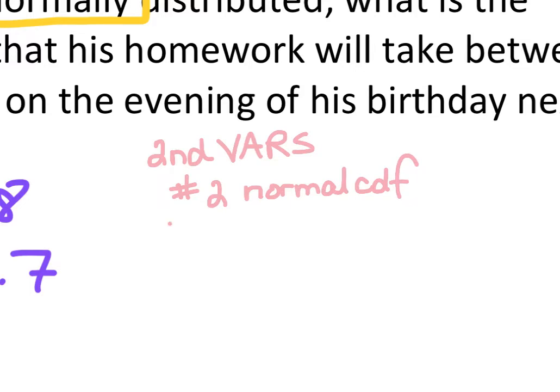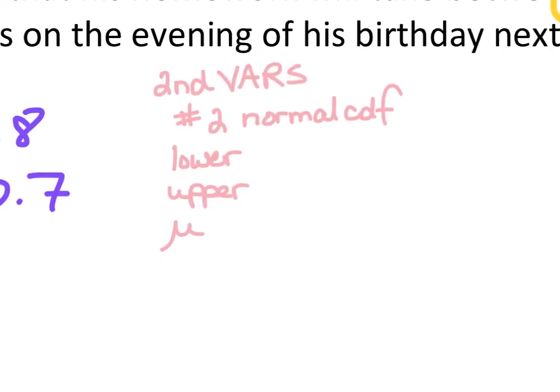And then it's going to ask you for a lower and upper, the mean, and the standard deviation. And so your lower and upper are going to be the 2 and the 3. Your mean is going to be that 2.8, and your standard deviation is going to be the 0.7.